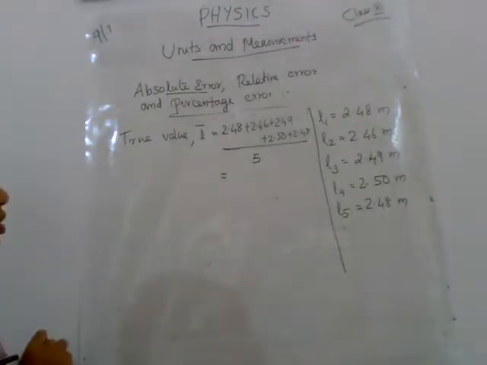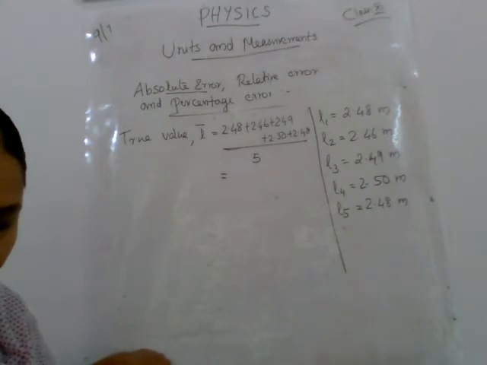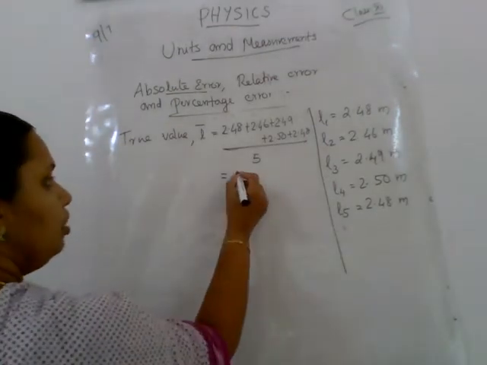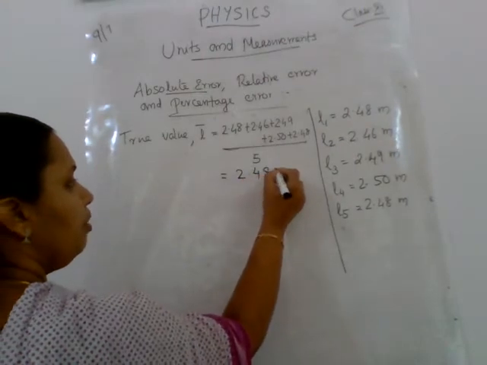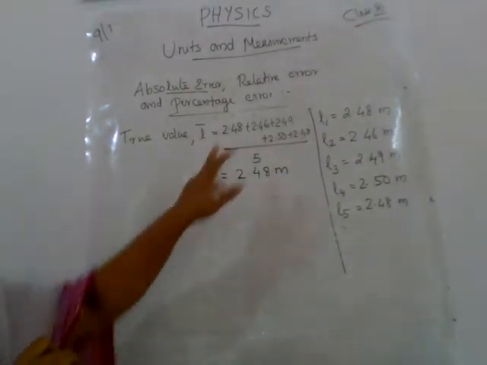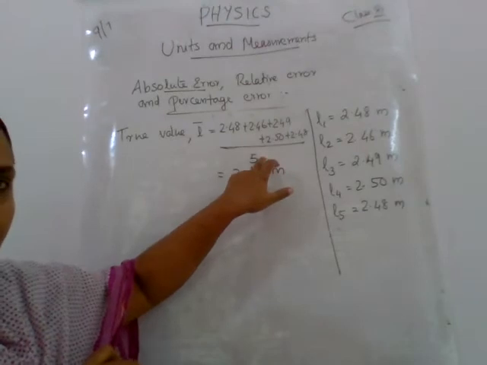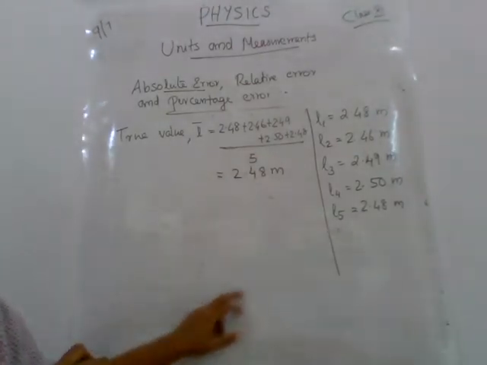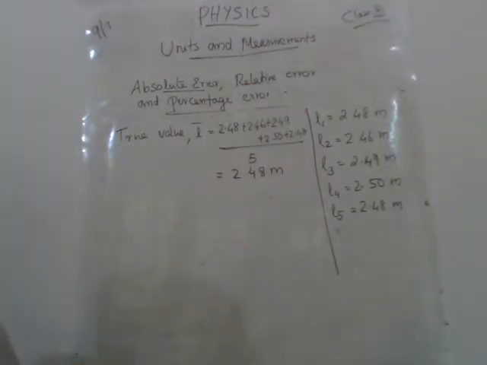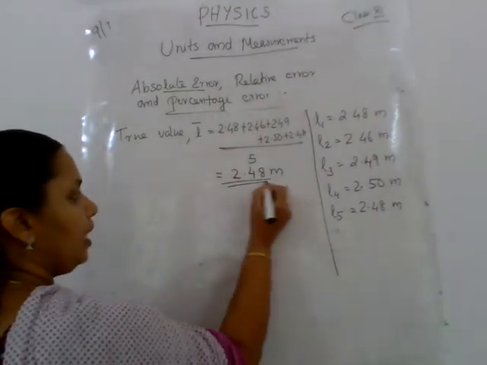So that is the true value, L bar. Add it and divide by 5. That is the true value or actual value, the average value, 2.48 meter.